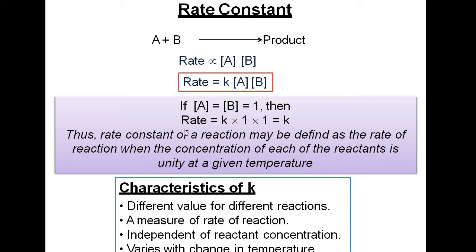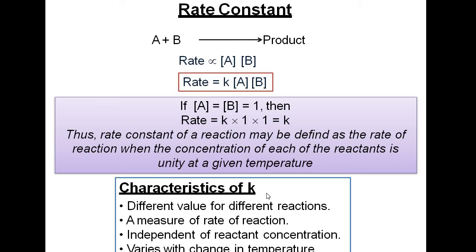Thus, the rate constant of a reaction may be defined as the rate of reaction when the concentration of each of the reactants is unity at a given temperature.